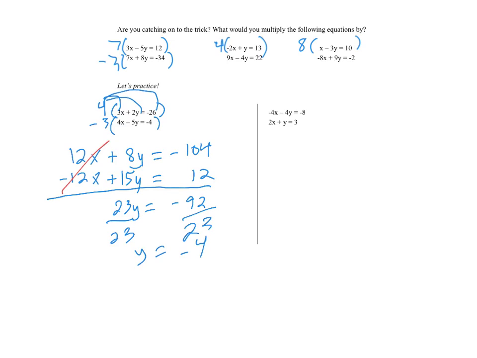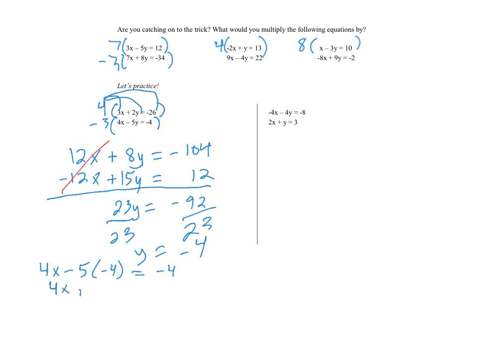We then have to plug it back into either equation. I'm going to choose the bottom one, just because the numbers are a little bit smaller in that one. 4x minus 5 times negative 4 equals negative 4. I switched out the y for the negative 4 that we found.